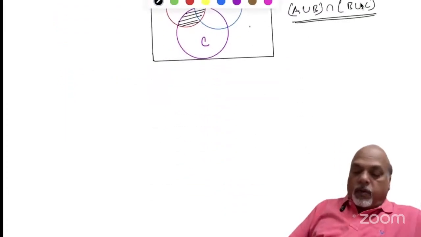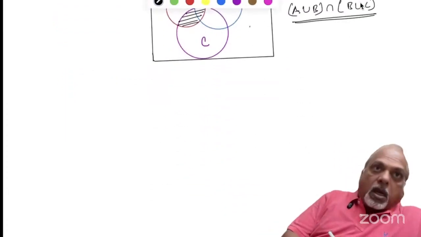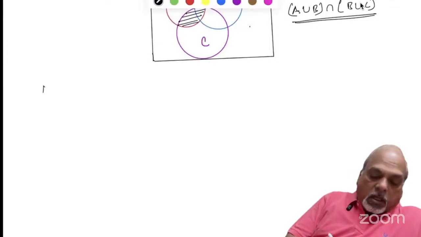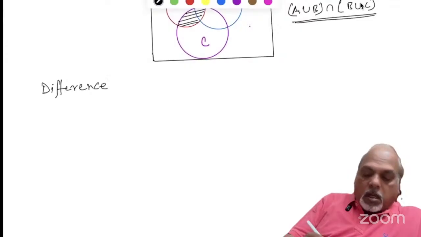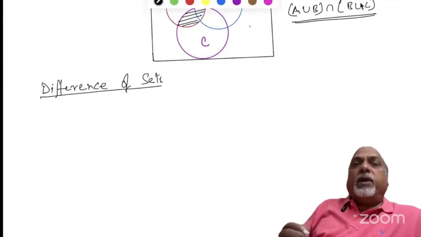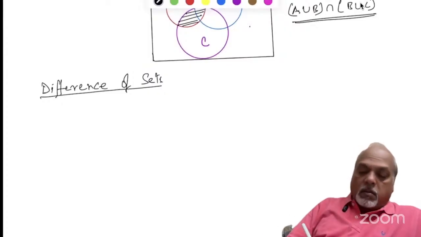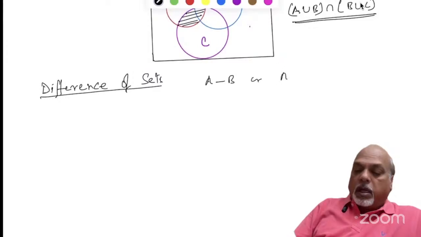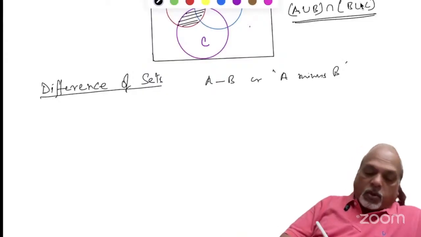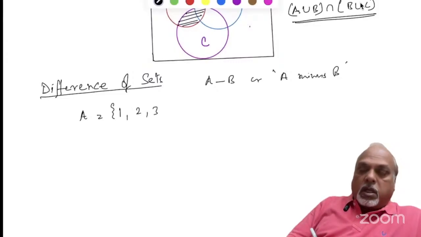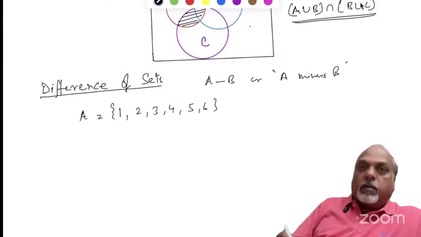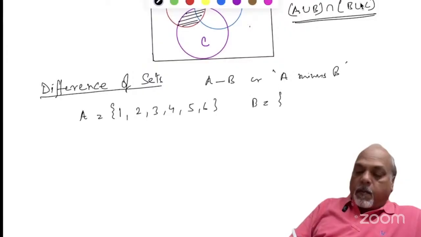Right? Now, further, let us go to another topic, that is the difference of sets, meaning A minus B. Suppose you have A as 1, 2, 3, 4, 5, 6, and you have B as 2, 4, 6, 8.